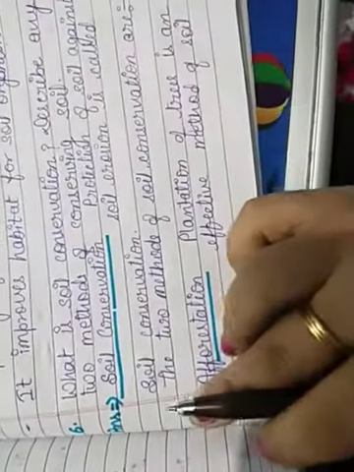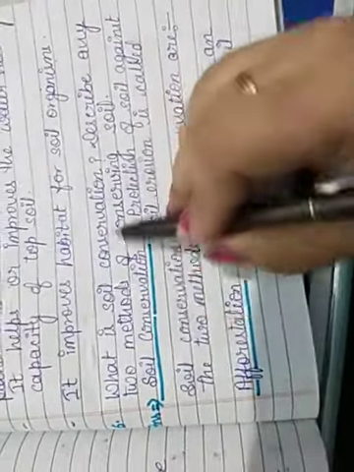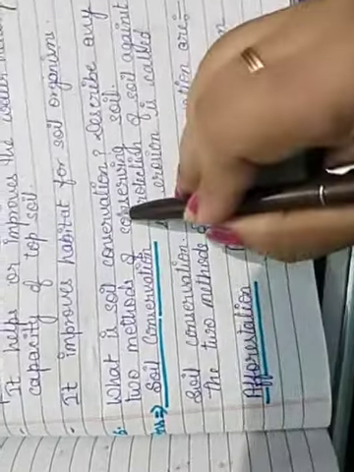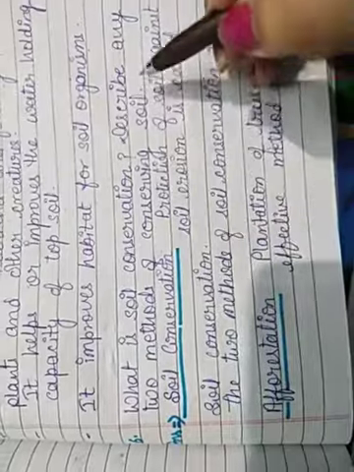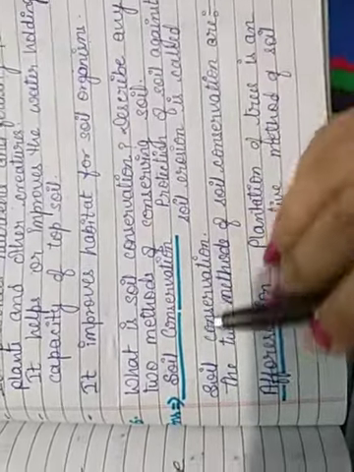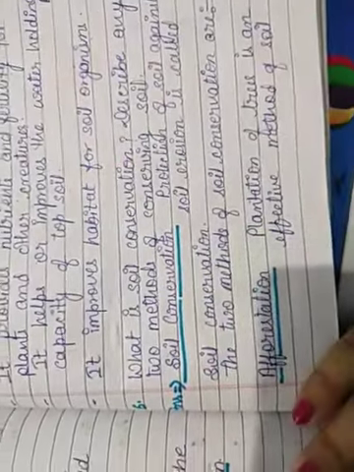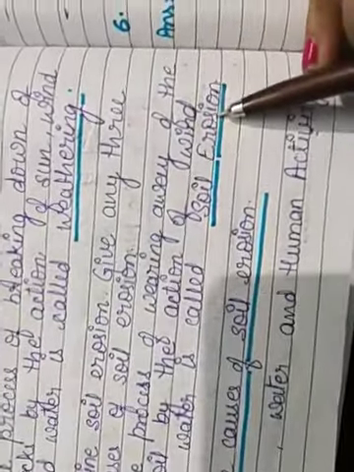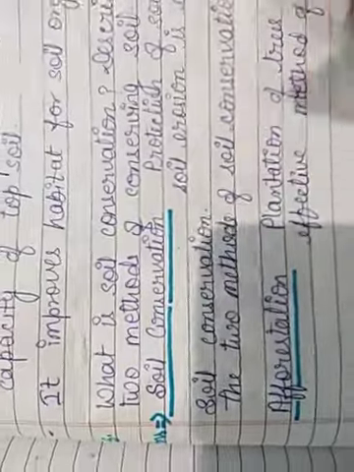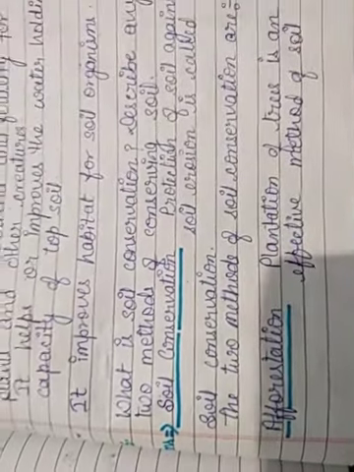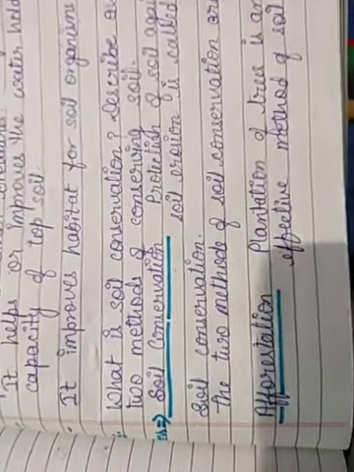Now the next question, number 6. What is soil conservation? Describe any two methods of conserving soil. Children, soil erosion we have discussed. Now soil conservation is the contrast word, just opposite to soil erosion.